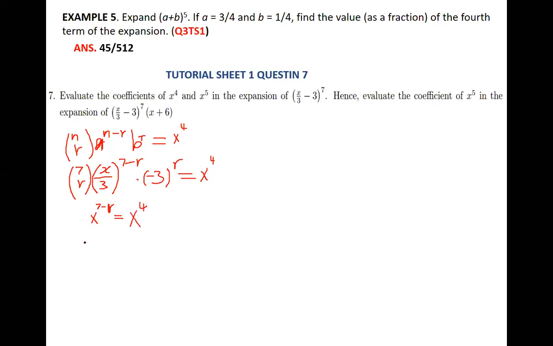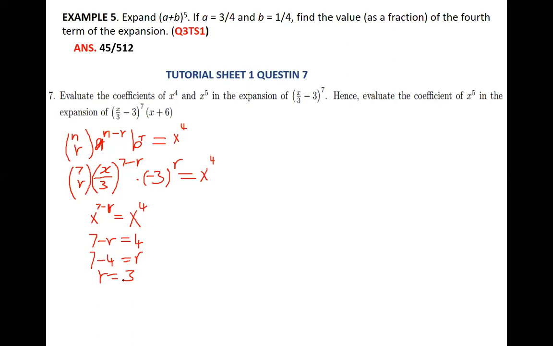And then since the bases are equal, meaning even the powers are also equal, so I'll say 7 minus r is equal to 4. So when you bring this 4 this side to be 7 minus 4, and then you take this r to the other side, you have your r. So 7 minus 4, you find that your r is nothing but 3.